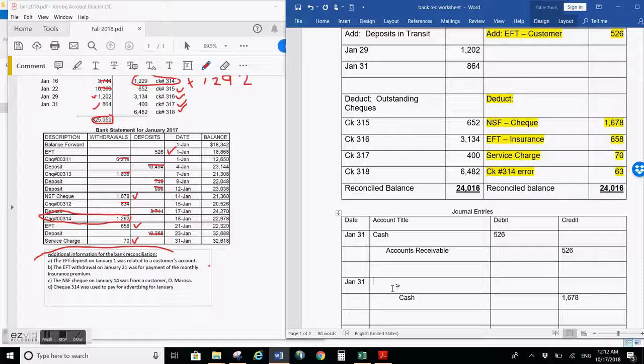Yay. Now, originally our customer came in and paid us a bum check. We just found out it was a bum check. So really, that customer still owes us $1,678. When customers owe us money, we debit our accounts receivable.